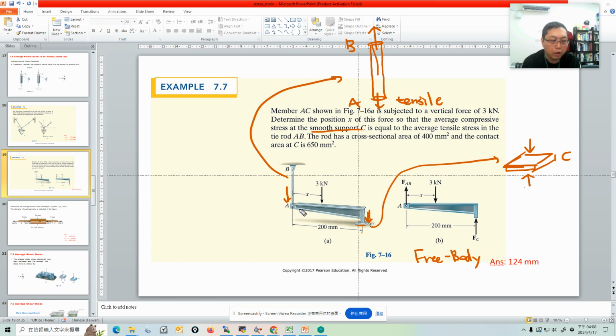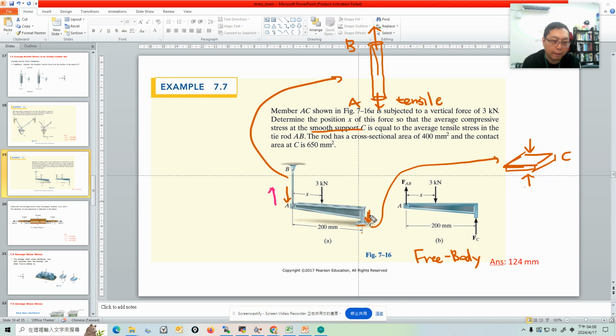The tensile stress is acting on this rod, so there must be a reaction force acting on this member. That's why this is an action-reaction pair.